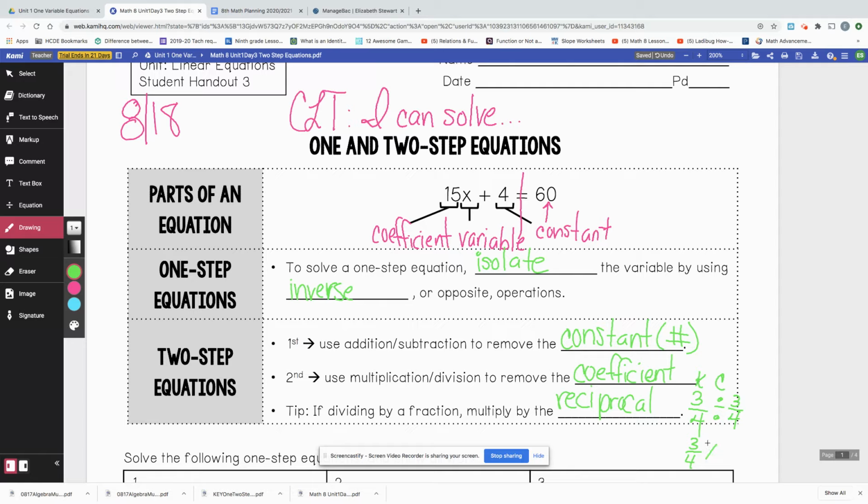I change this to multiplication, and I do the reciprocal, or I flip the 3/4, which is 4/3. That will allow me to multiply straight across and have a product of 1. 3 times 4 is 12, 4 times 3 is 12, 12 divided by 12 is 1. So that's a handy tool when we're solving equations.